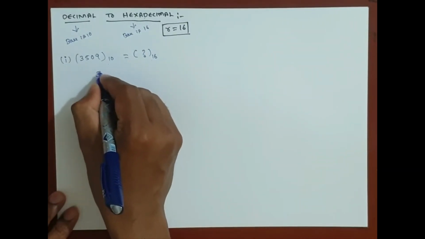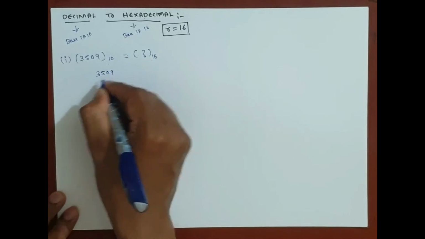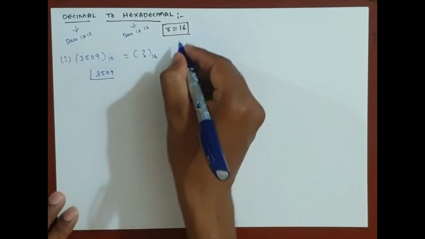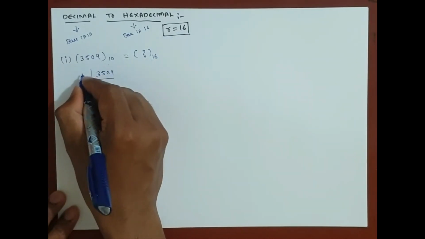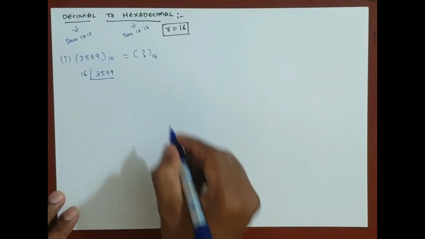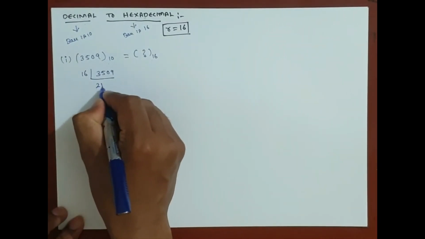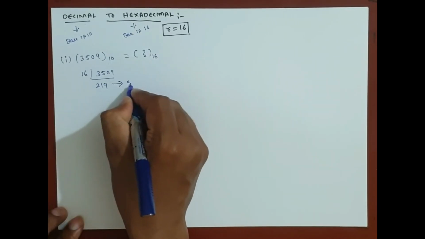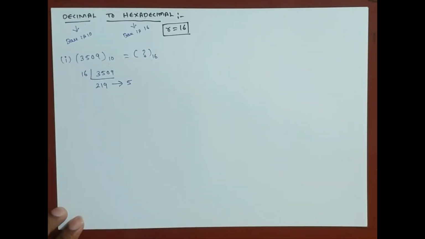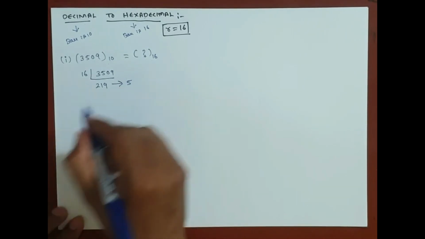Again same procedure, take this 3509 and now here we have to divide by 16. If I divide by 16, the result will be 219 and the remainder is 5, and the procedure I have said already how to find the remainder here.